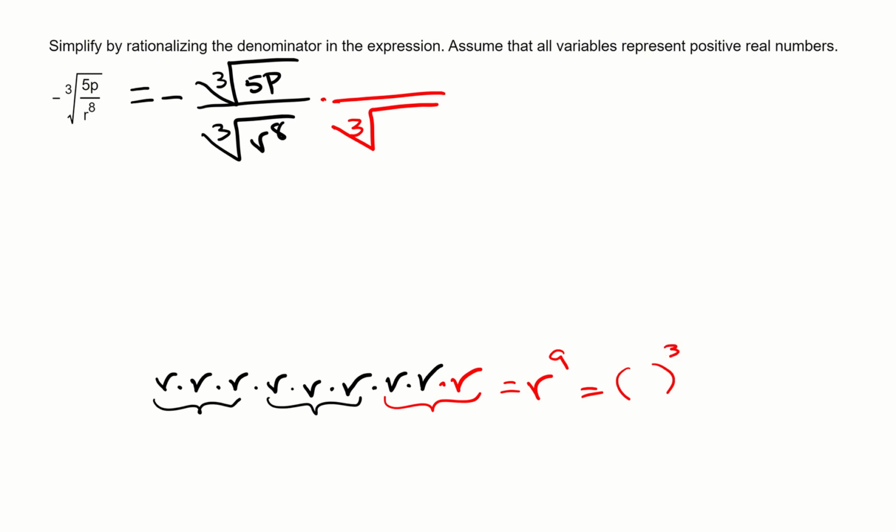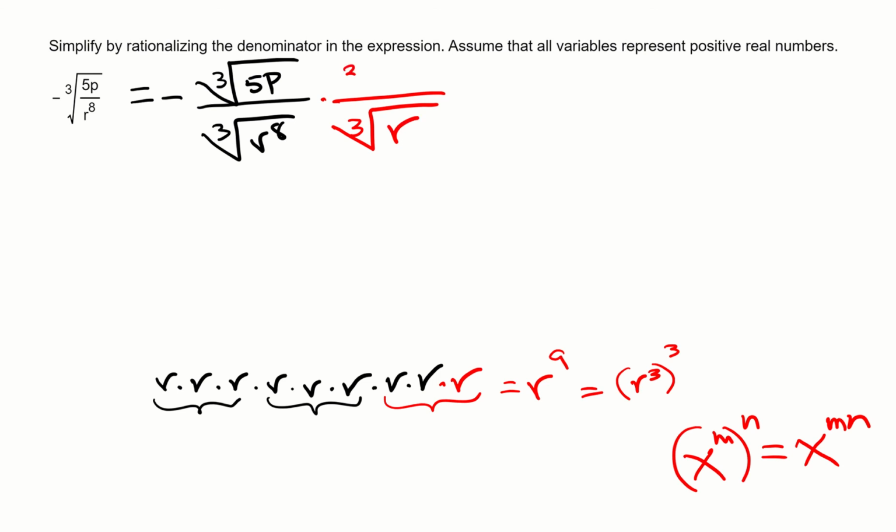And it's a perfect cube of what? What expression do you cube to get r to the 9? Clearly r cubed. And that's because of the power rule, which goes like that. Okay, so we can see that all we need to multiply inside this radicand is just a single factor of r.